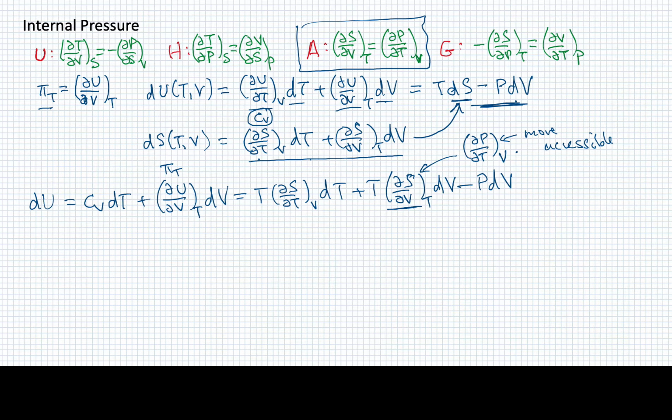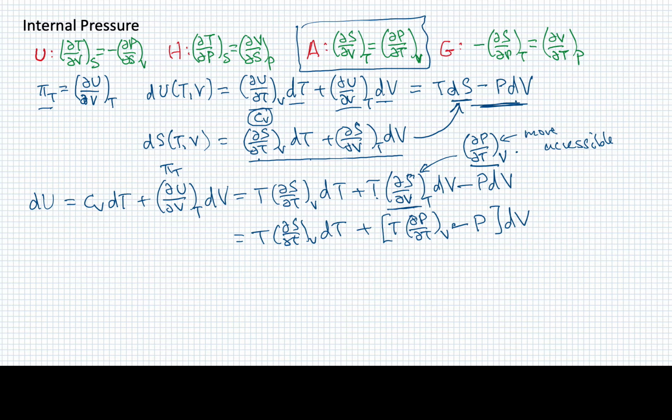If I substitute that in, I end up with the expression T dS/dT at constant volume dT plus a compound term: T times this new derivative, dP/dT at constant volume, minus the pressure, all multiplied by dV.